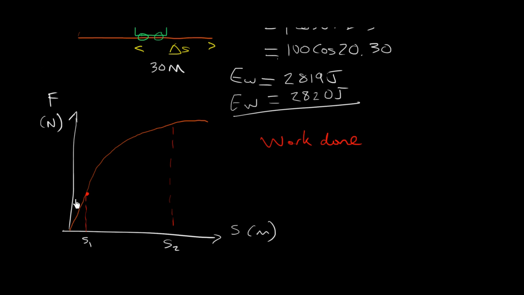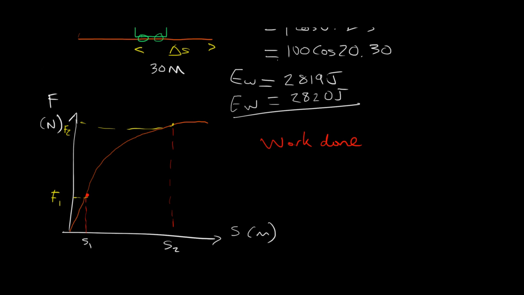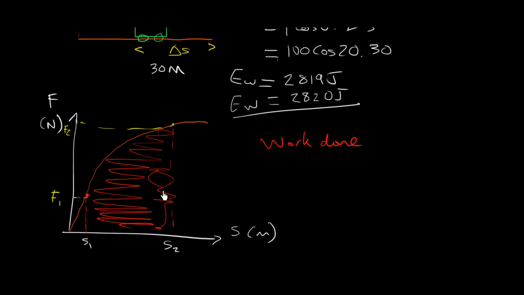Then the force at which this happens is F1, and the force at that point was F2. Then this area here, all the area under the graph, all of this, right? It came out a little bit, but ignore that part. Wanted just to be precise. That area there, all of that area, would give us the work done.